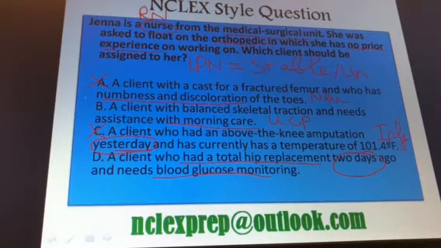B would definitely come out because it is a UAP who could handle this particular patient. So the only answer we're left with is D: a patient who had a total hip replacement 2 days ago, so less acute, and needs blood glucose monitoring. So this nurse can definitely do that assessment.